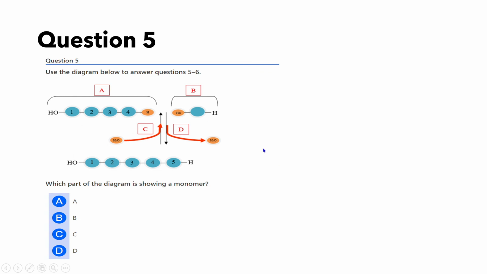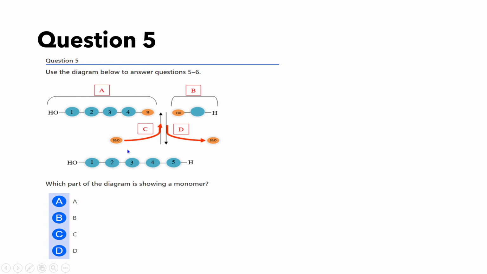And finally, question 5. Use the diagram below to answer questions 5 through 6. Which part of the diagram is showing a monomer? This question is asking us to identify which of the following structures are monomers. A is a long chain of what I'm assuming are hydrocarbons, and B is one single hydrocarbon.